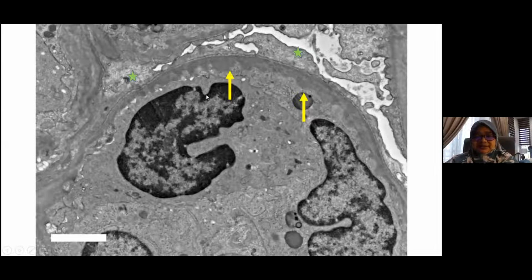So again, the electron dense deposits, okay, more higher power view. So this is most likely the mesangial cells involved in the interpositioning.